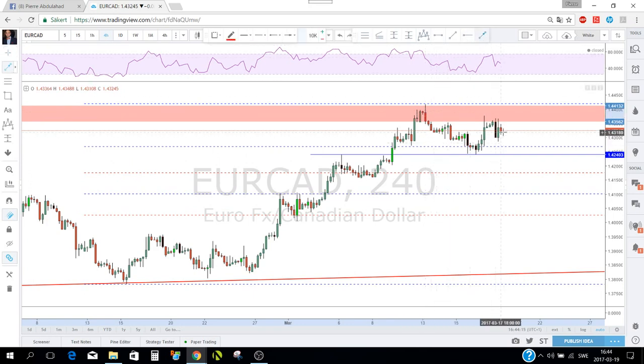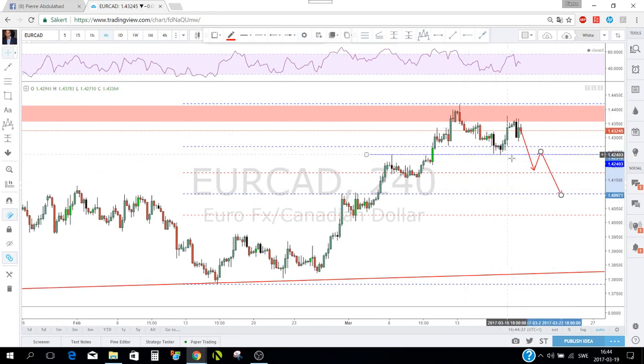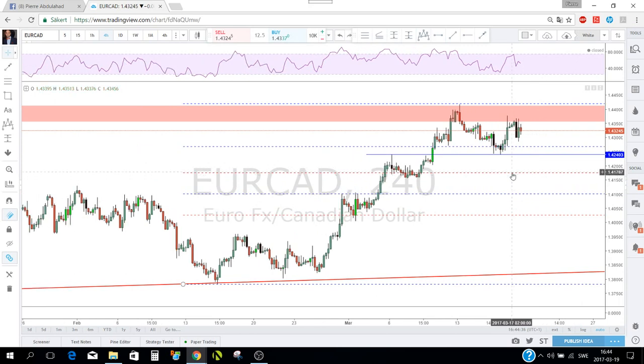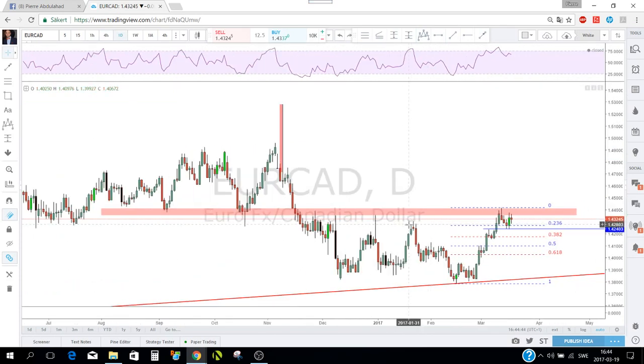I will be looking to see a break of this structure here maybe, and a retest, and maybe try to take a reversal trade to the downside on this pair, but I will be very careful, because this pair has been acting a little bit weird in my opinion, so be careful on that.